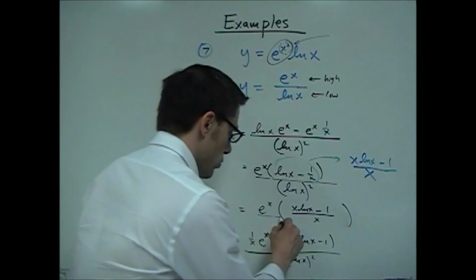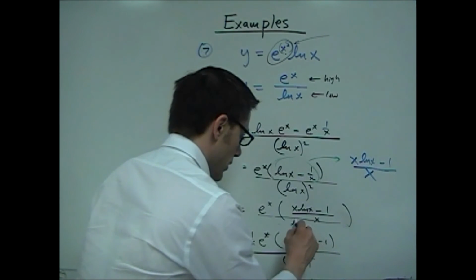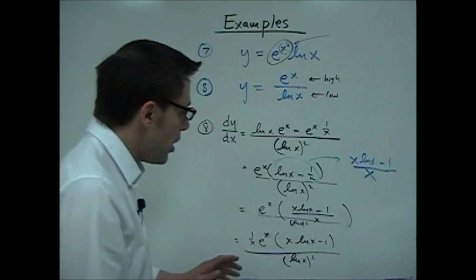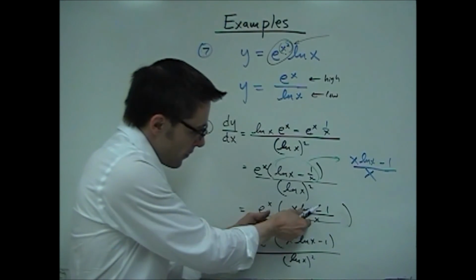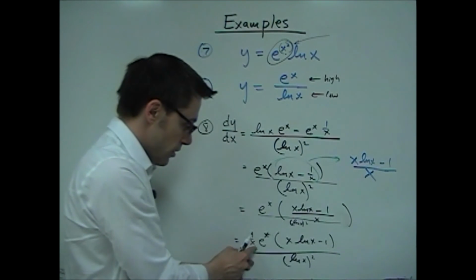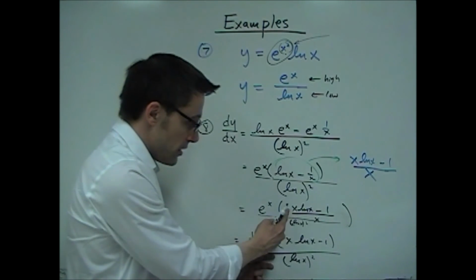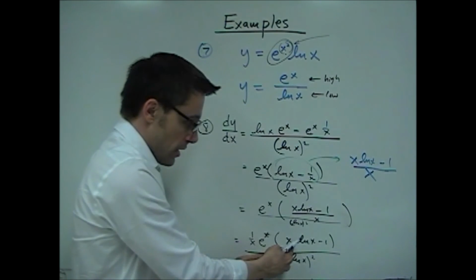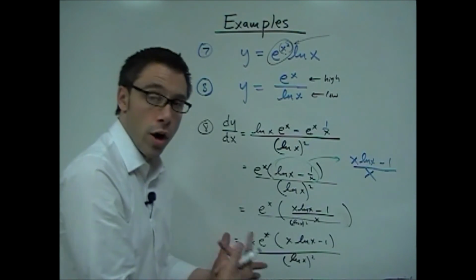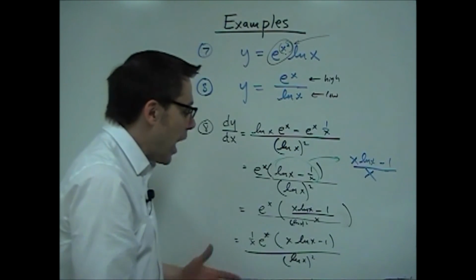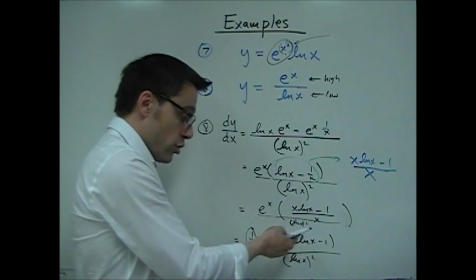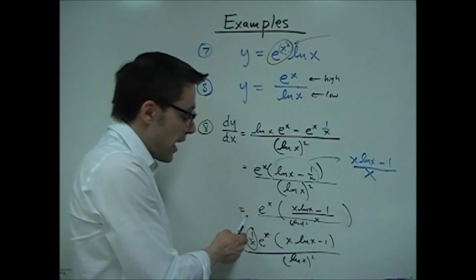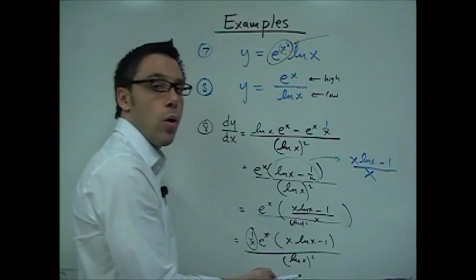It's a little jumbled, but all I did is I wrote this quantity here as a single fraction. Then I factored out the 1 over x. So that's why I've got the 1 over x here. What's left over is an x log x minus 1, and it's still over log x quantity squared. Okay? And now, because this 1 over x is multiplied by really the entire numerator, I can think of this as multiplying the entire quantity.